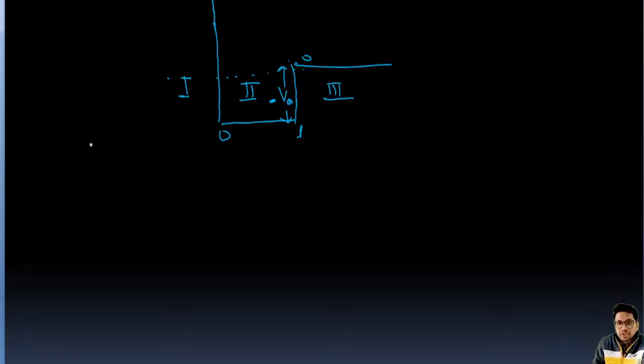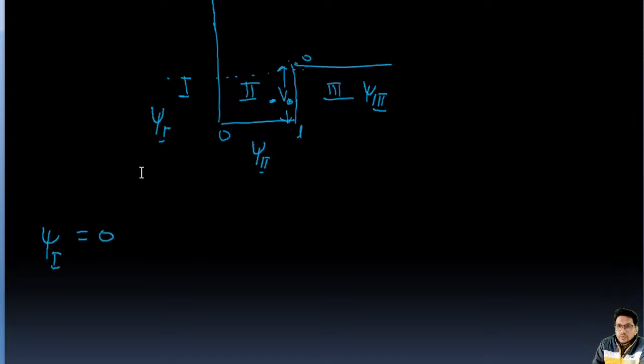So the wave function for region 1 is psi 1, for region 2 is psi 2, and for region 3 is psi 3, okay. So psi 1 is going to be 0, right?